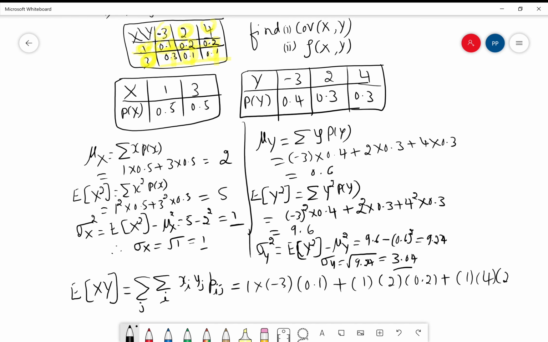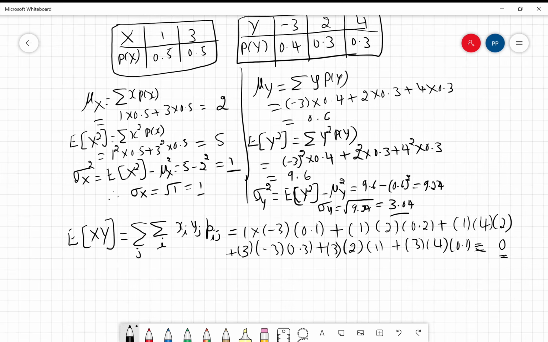I am using brackets to denote the product, plus 3 into minus 3 into 0.3 plus 3 into 2 into 0.1 plus 3 into 4 into 0.1. You find out this using the calculator and you are getting this value as 0. So it's a coincidence that you're getting the value 0 because some of the values are negative. Okay, you do not get 0 always.